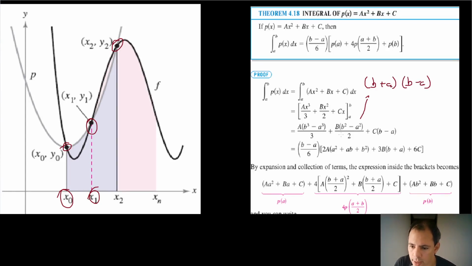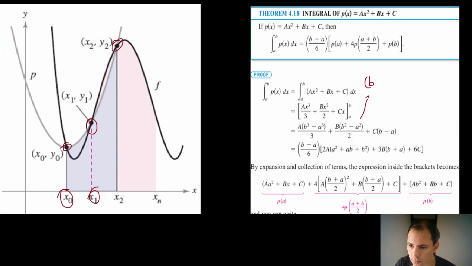And when you get one of these, you get b cubed minus a cubed. You do this long division, b cubed minus a cubed divided by b minus a, and you're going to come up with this thing in here: a squared plus ab plus b squared.